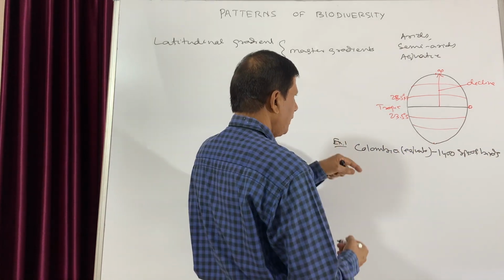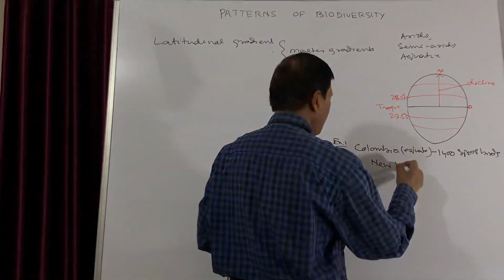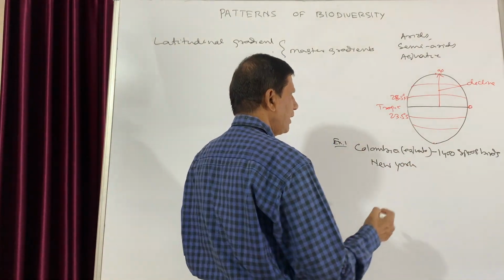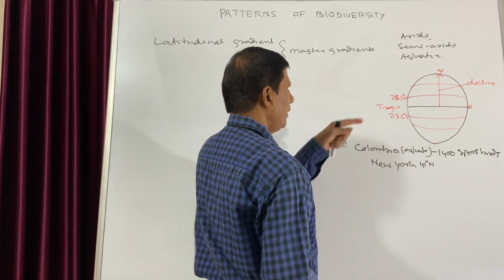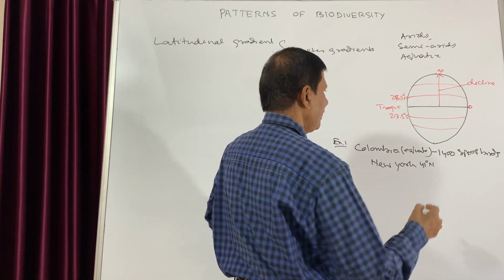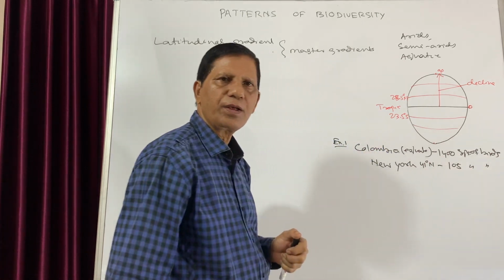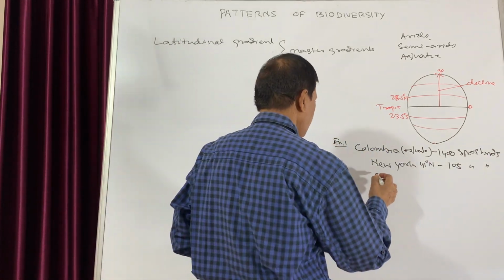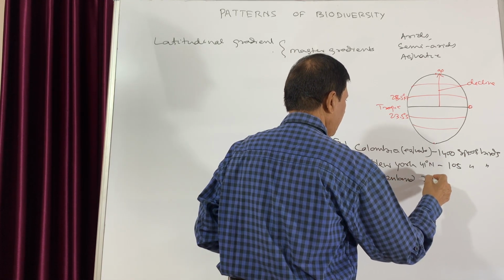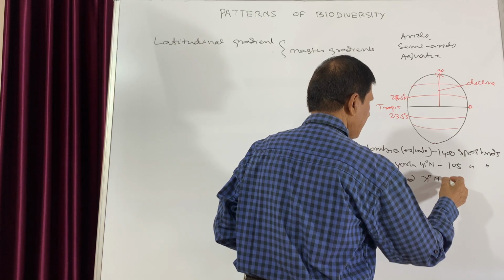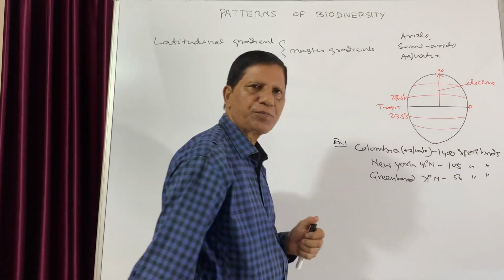Now if we go slightly north, to New York, which is 41 degree north, it shows only 105 species of birds. Still further north, in Greenland, that is 71 degree north, we get only 56 species of birds.